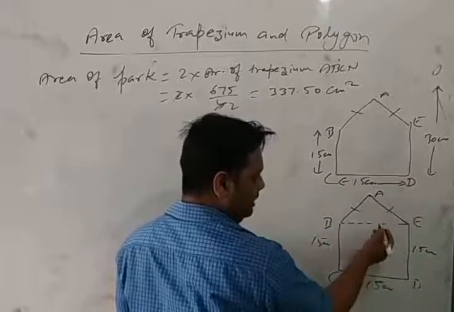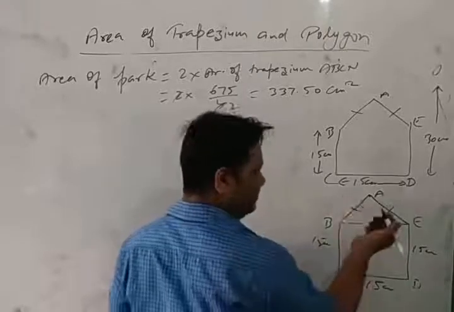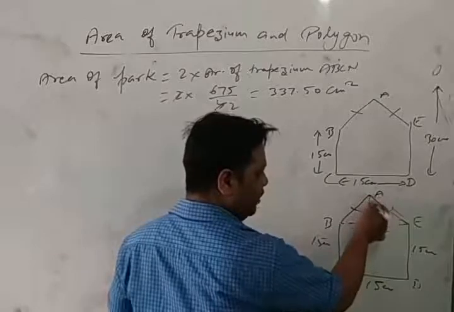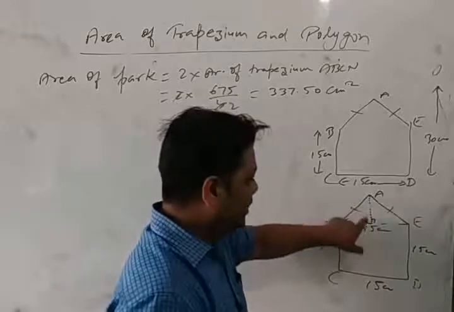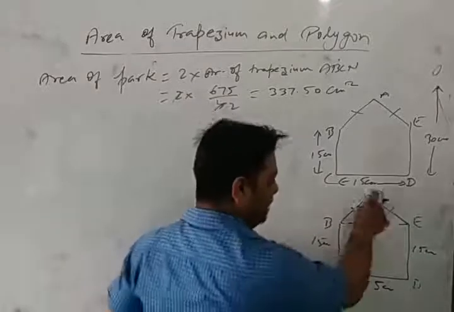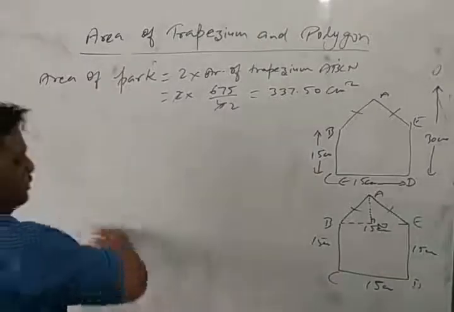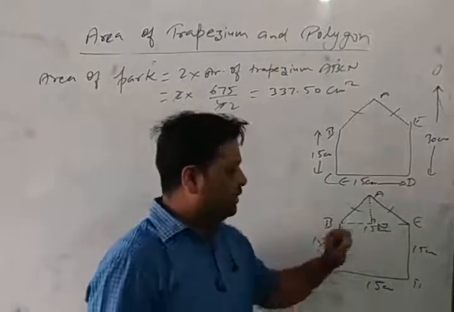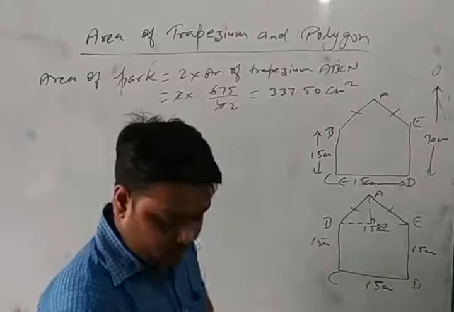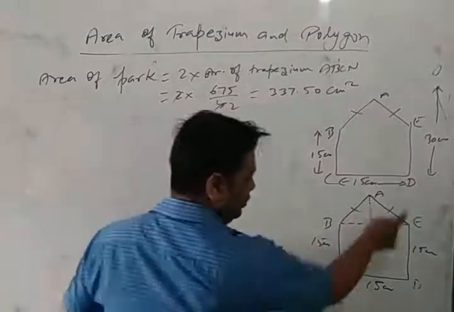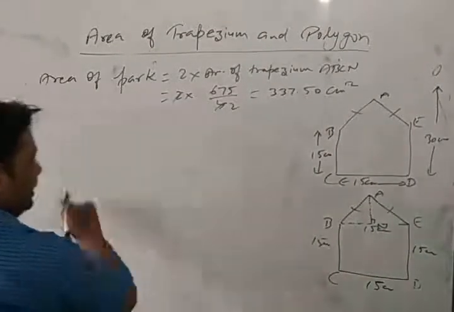If you draw a perpendicular from this also, then it will be a right angle triangle. And what will be the height? We can write AN, or we can find it by another method.